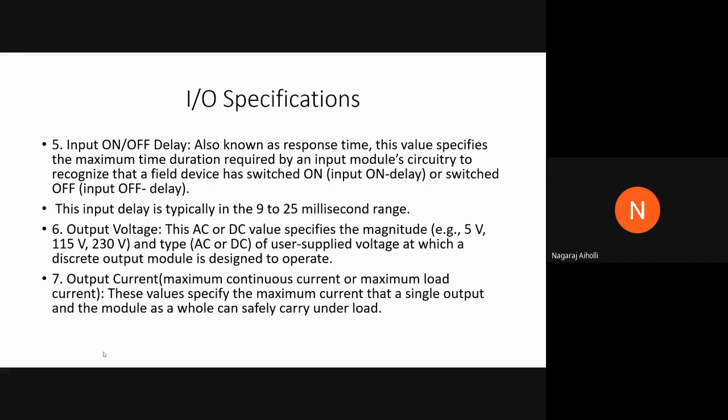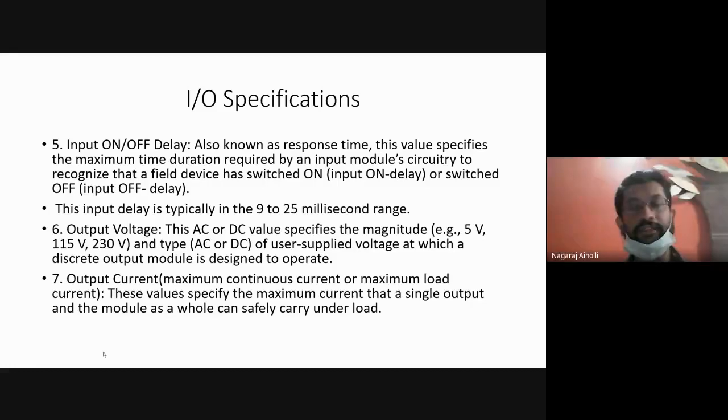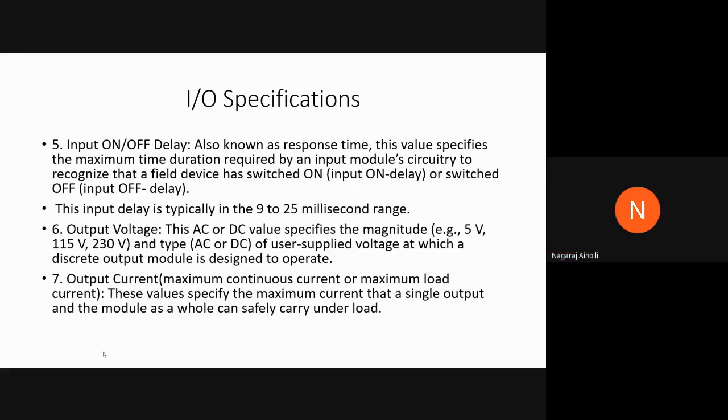Next, output current. It is also called maximum continuous current or maximum load current. That means whenever a load is connected, how much output current it can withstand. What is the maximum value of output current when the load is connected to the output module?